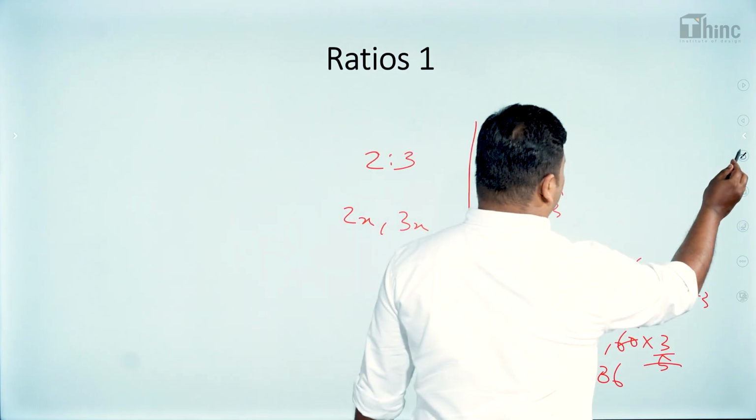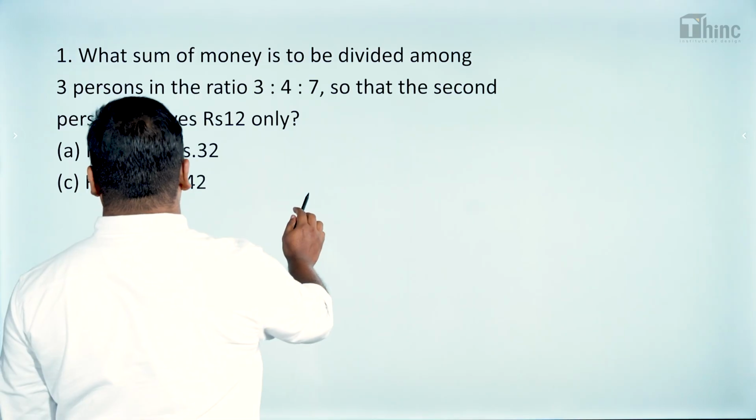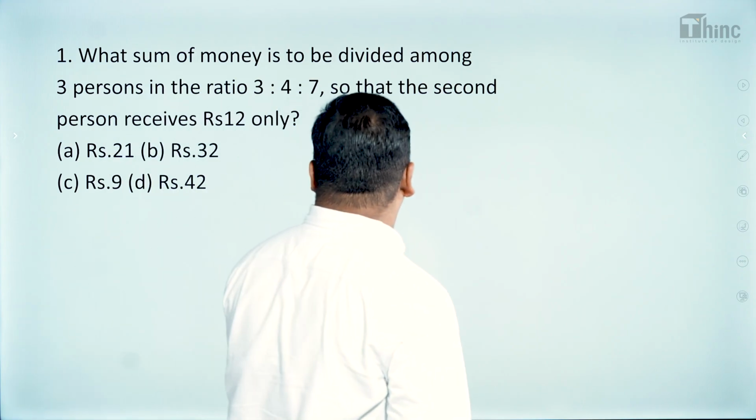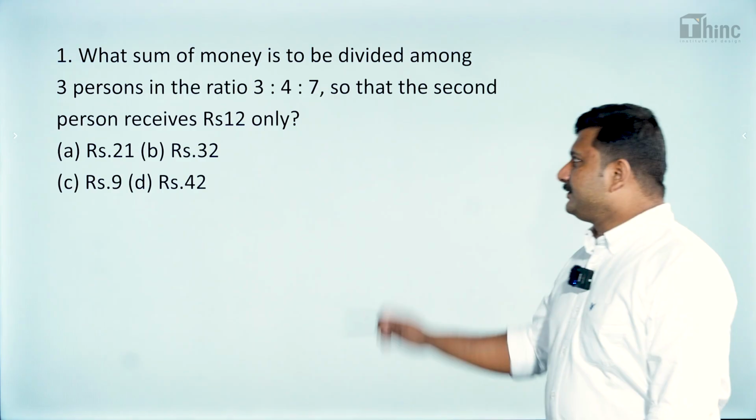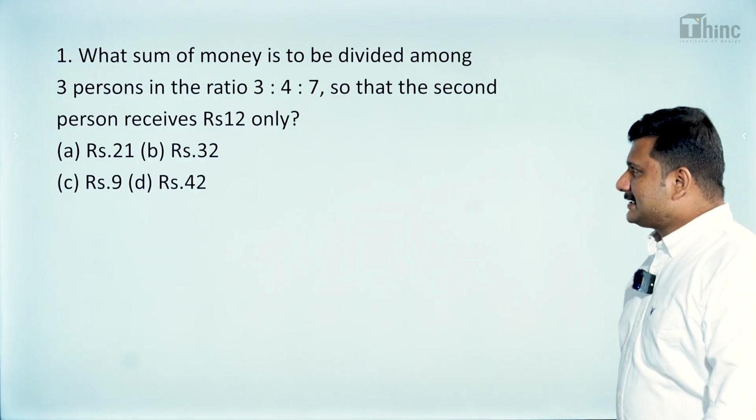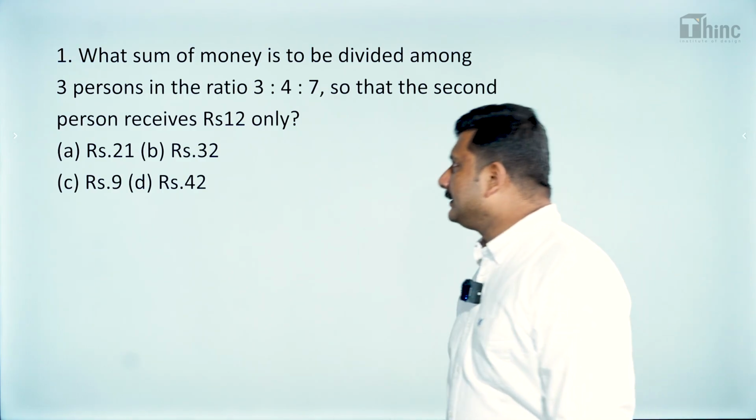So let's get it moving. Let's see how we can actually do the questions. Look at this question. What sum of money is to be divided among three people in the ratio of 3:4:7 so that the second person receives rupees 12 only?